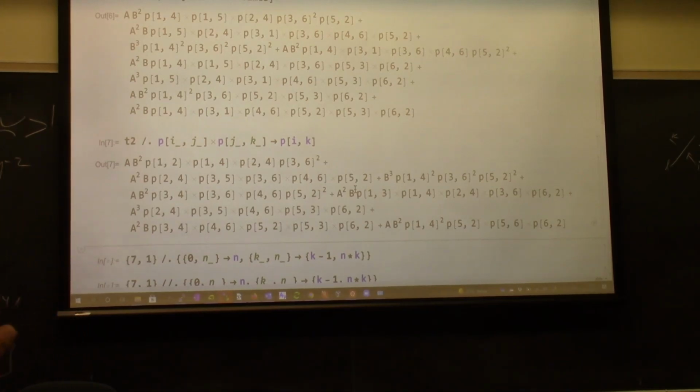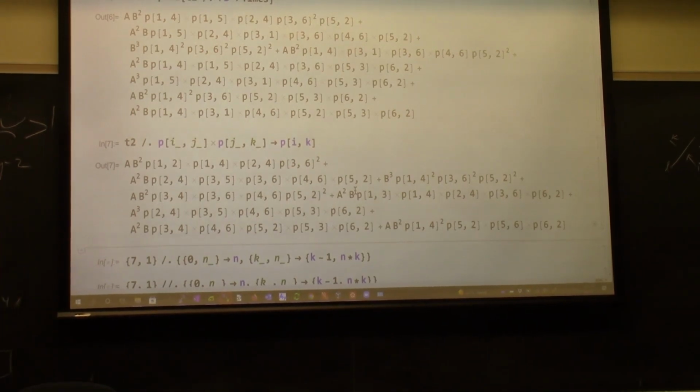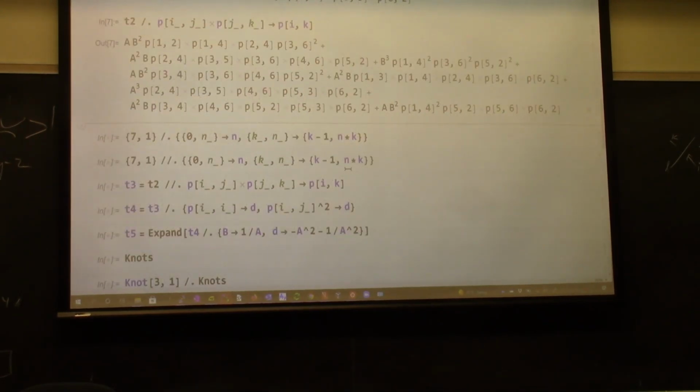So we just need to apply this rule repeatedly until the expression stops changing. Fortunately, there is a command for that. And I want to show you how it works by writing a silly program to compute n factorial.